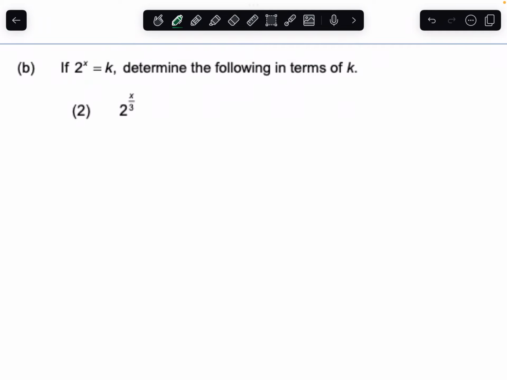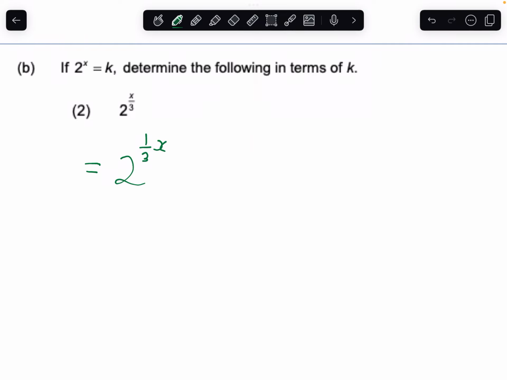Same situation, 2 to the x is equal to k. Determine this in terms of k. Again, we want to write this as 2 to the x. This is the same as 2 to the x to the power of a third. Or to make it even clearer, 2 to the x over 3 is the same as 2 to a third x.